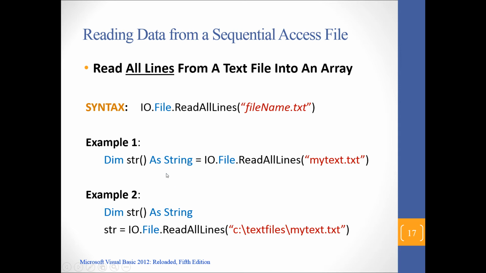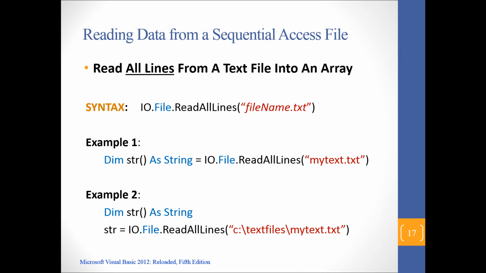I show you two examples here. In this one, if you notice, the location of the text file has no directory, no complete qualification or complete link to the file. If you're reading this in Visual Basic, there is a default location that is stored inside the bin directory. I'll show you what that is.